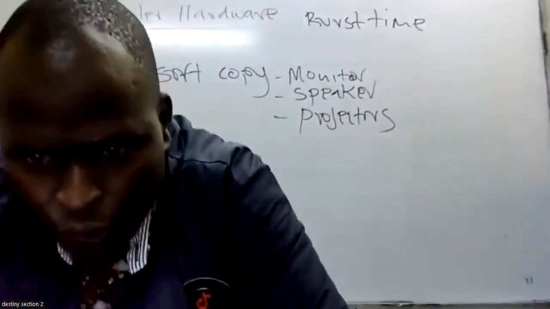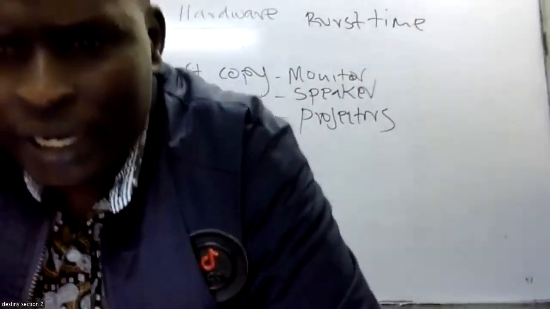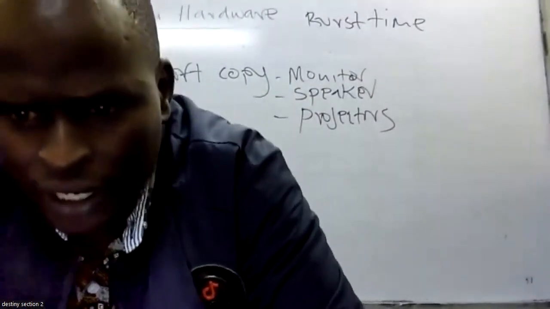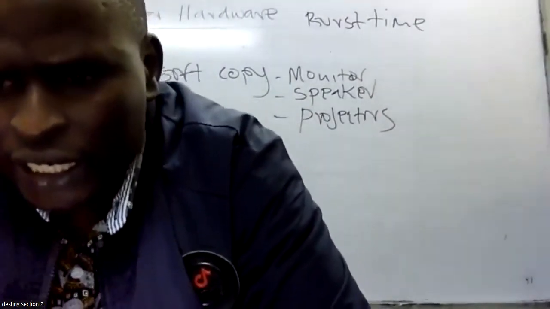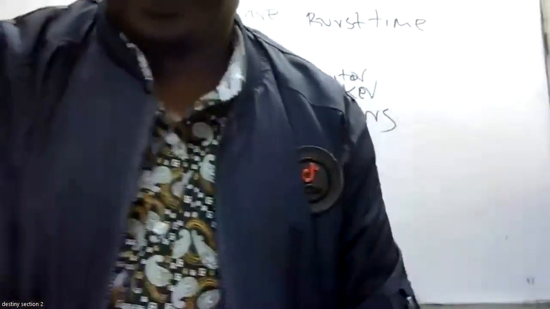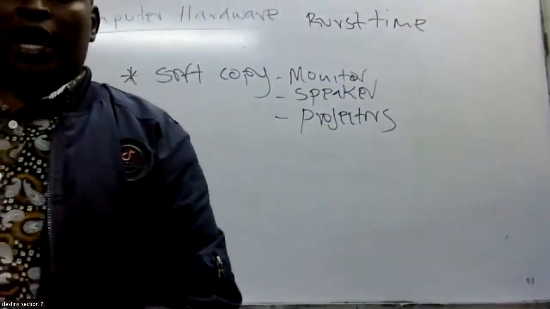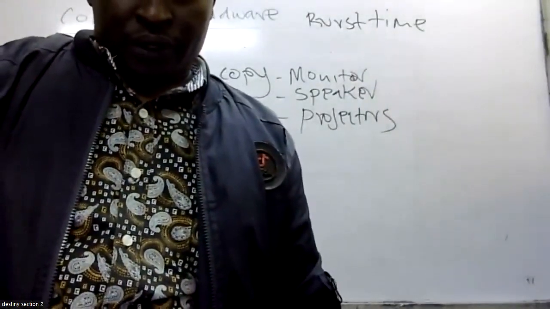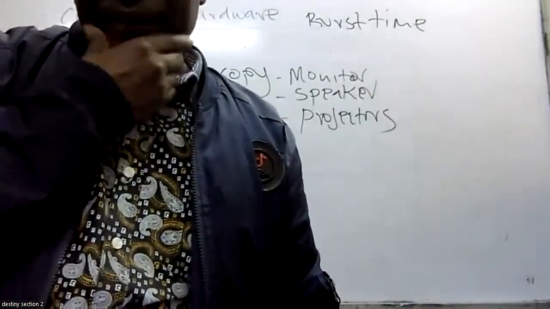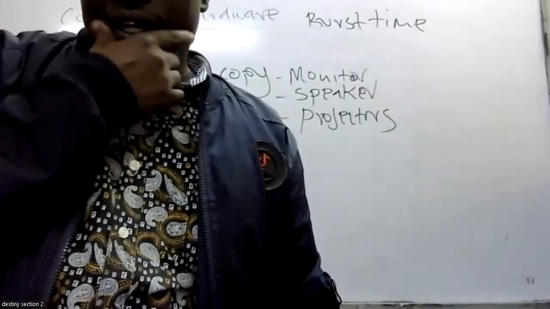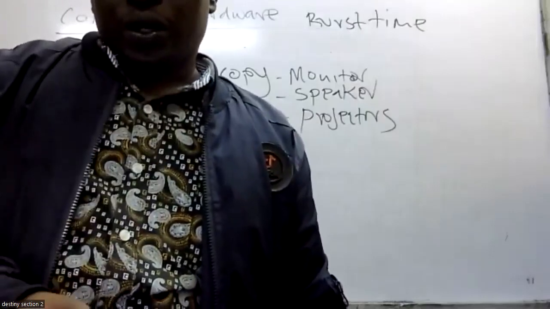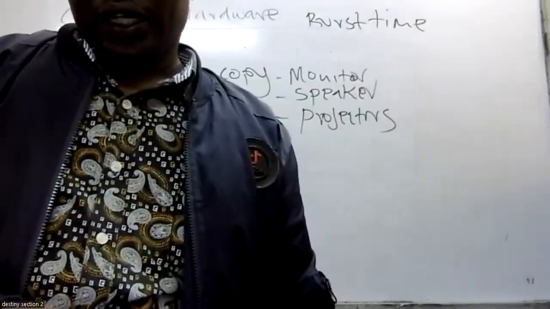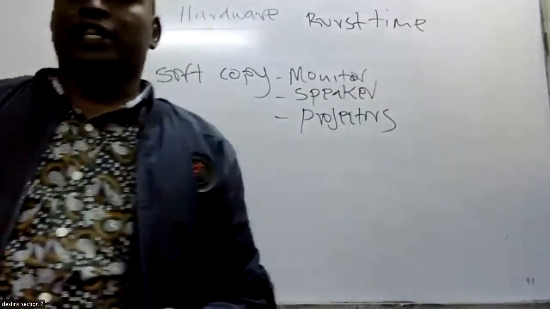And then also we have the hard copy. These are printouts on stationery or materials, e.g. the photocopy, and the plotters, used as a graphics printer.